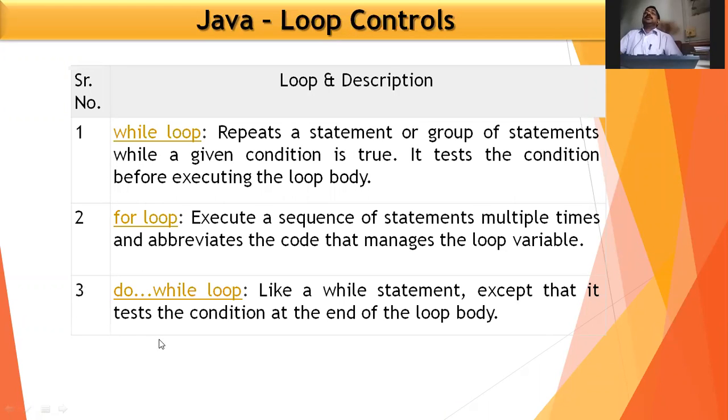There are 3 loop constructs which are very similar to the C language constructs: while loop, for loop, and do while loop. First we shall turn to the while loop. This will repeat a statement or group of statements while a given condition is true.